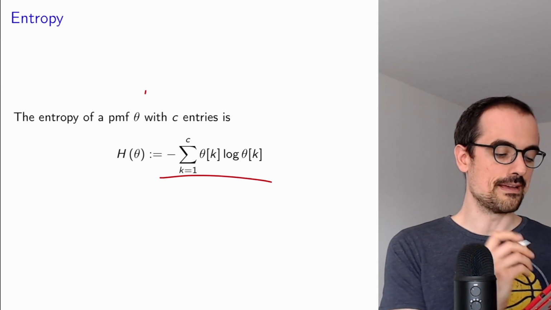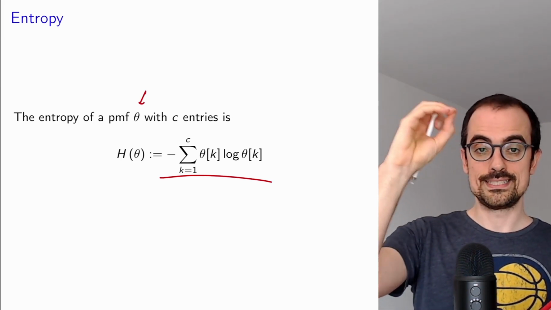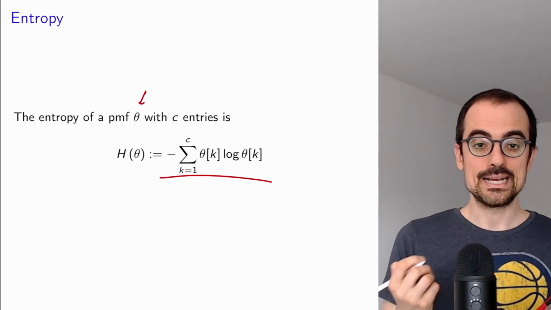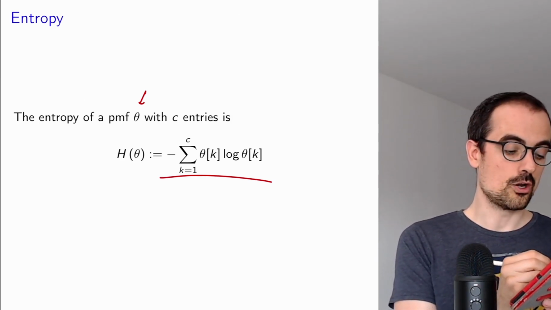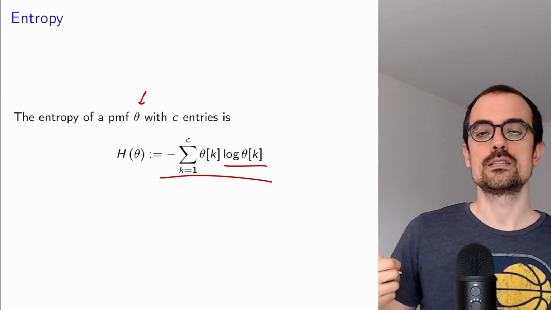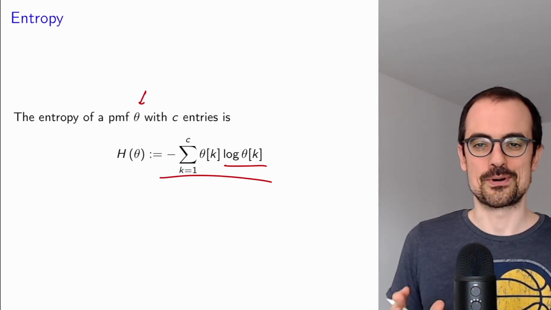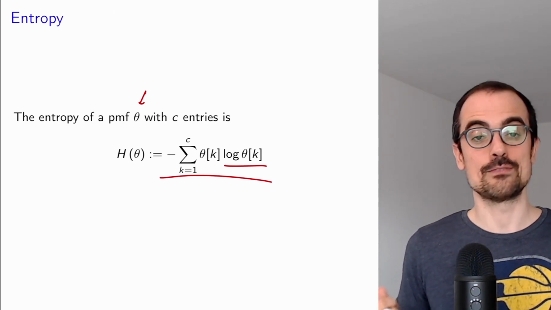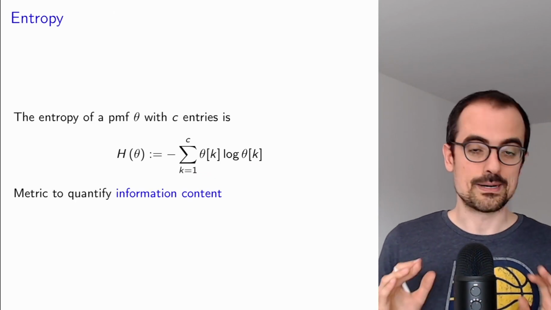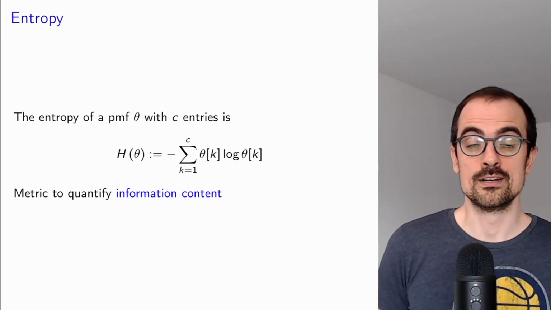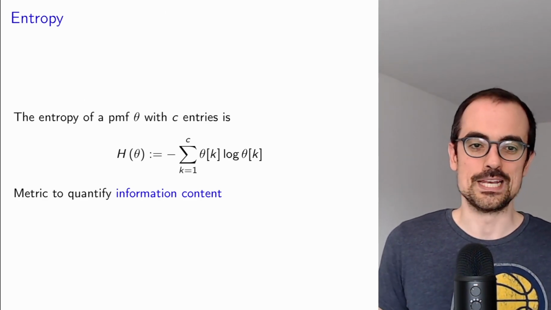If you have a PMF of a random variable with C entries, the entropy is equal to minus the sum of the logarithm of the probabilities weighted by the probabilities. So this looks perhaps a little bit complicated if you've never seen it. If you want to know much more about entropy, you should go read the book on information theory by Thomas Cover, which is really amazing.